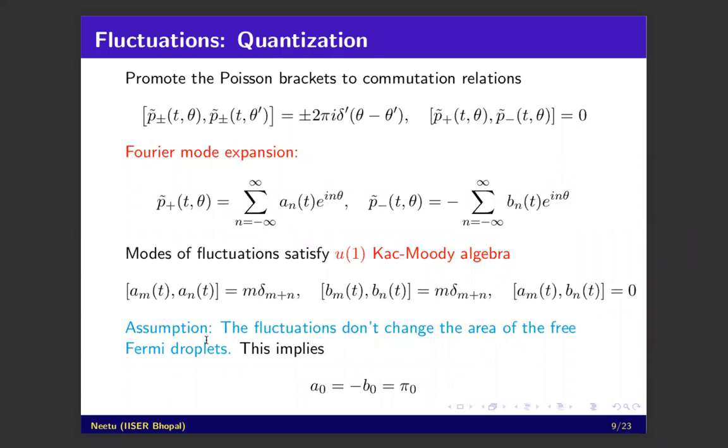There's an assumption that we are making, which is that the fluctuations don't change the area of these droplets. And this constraint implies that the zero modes of p plus and p minus are equal up to a sign. For notational convenience, I'm denoting it by pi 0.